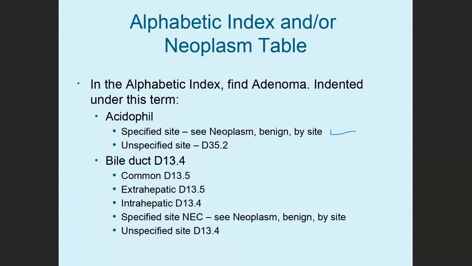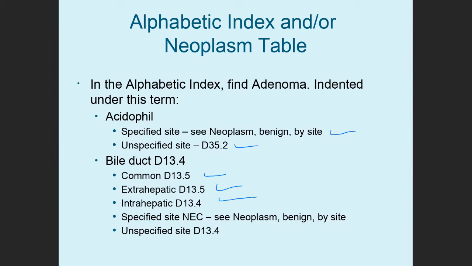On the other hand, if it says unspecified site, you're going to use this code, and you don't need to go to the neoplasm table at all. It's interesting, under here in the bile duct, it gives you specific codes for specific areas: common, extrahepatic, intrahepatic. You don't need to go back to the neoplasm table.